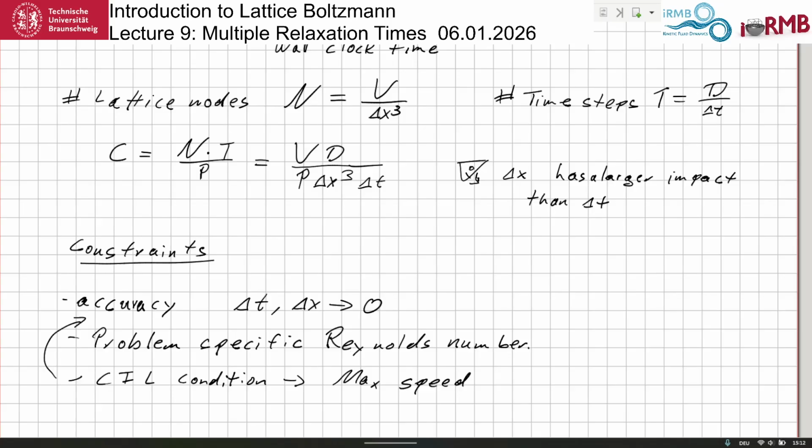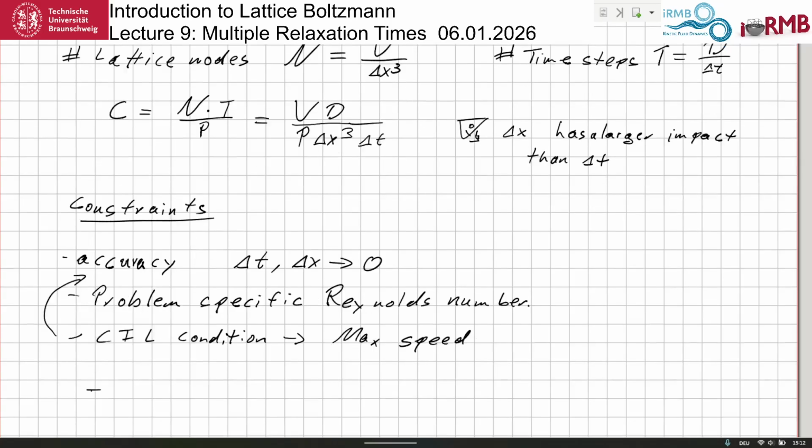The problem-specific Reynolds number actually gives you the kinematic viscosity of your fluid and your problem. We have said that with the star, we mean the one with the dimensions. It's not a beautiful star. Epiphany actually means when the star appears above Jesus' birthplace, so we have to draw nice stars today.